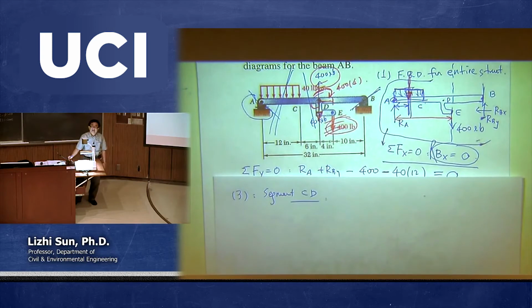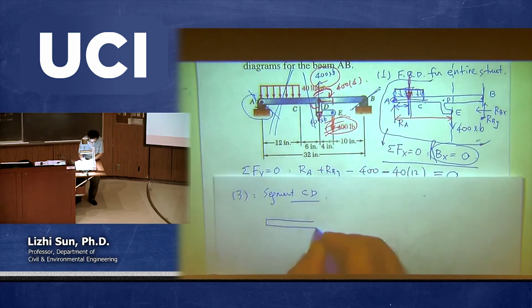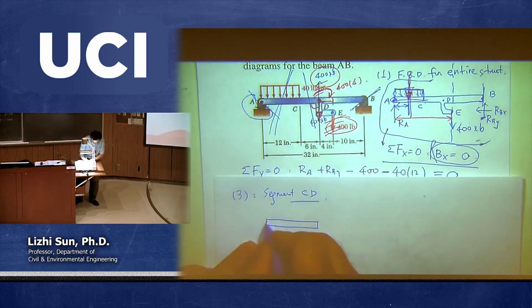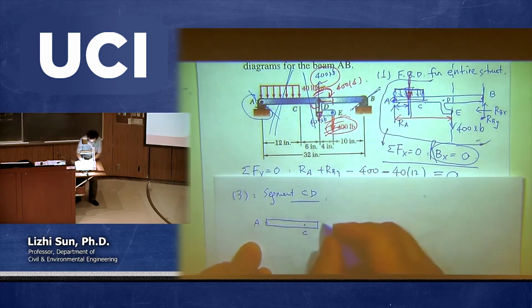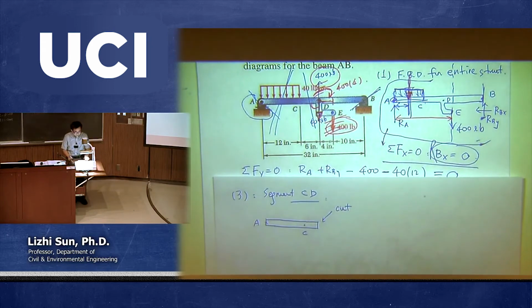Let's say we pick the left side. Then we are going to plot this new free body diagram. So again, from point A going through point C, and this is the cutting point between C and D. At point A, there is a reaction. It's called 515.